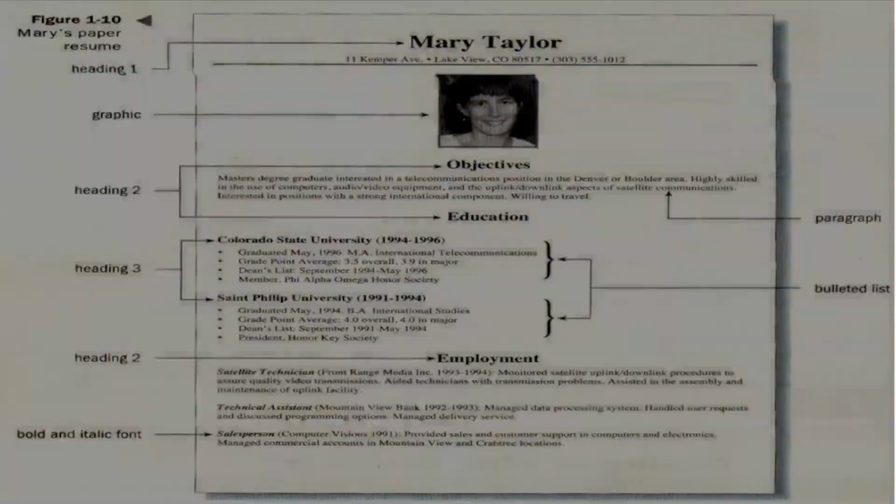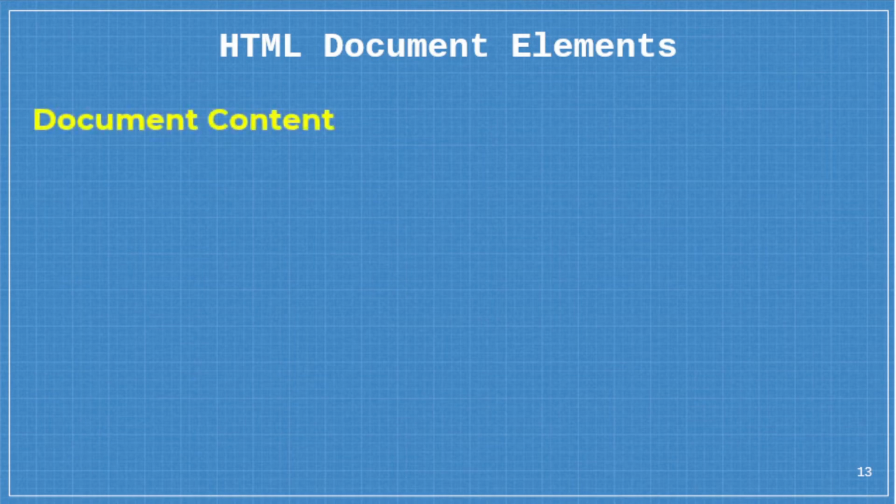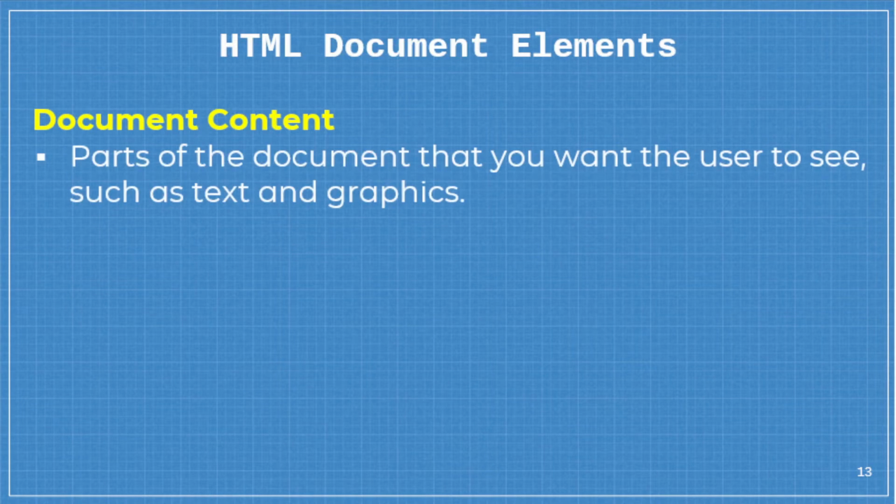Okay. So going back, what makes up our document elements? Generally, there are two parts. The document content, which is responsible for displaying the parts of the document that you want the user to see, such as the name of Mary Taylor, such as the paragraphs, such as the accomplishments, right? So what we're talking about here when we talk about document contents are what you would see on your screen.